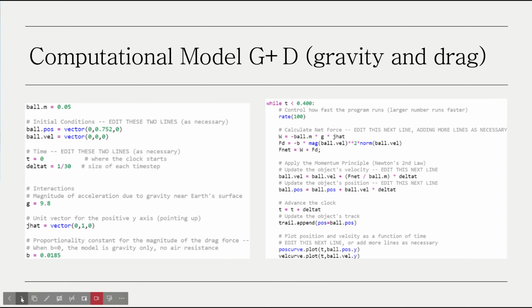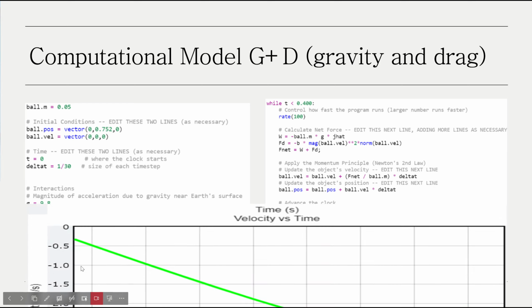But when we consider both the gravity and drag forces, now we include the proportionality constant. These initial conditions stay the same, and mg is still the same thing, but now we have a drag force, and the drag force is b times v squared. And when the net force is equal to mg plus the drag force, we now get this.